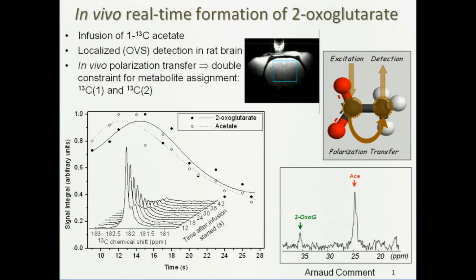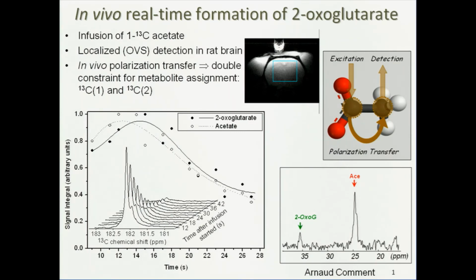They did some fancy polarization transfer and actually identified the production of alpha-ketoglutarate in the brain. I would not have expected that. I would have expected glutamate. The alpha-ketoglutarate pool you would think would be much smaller than the glutamate pool, but their data is pretty convincing, and that's an example of where acetate can be useful in the brain.